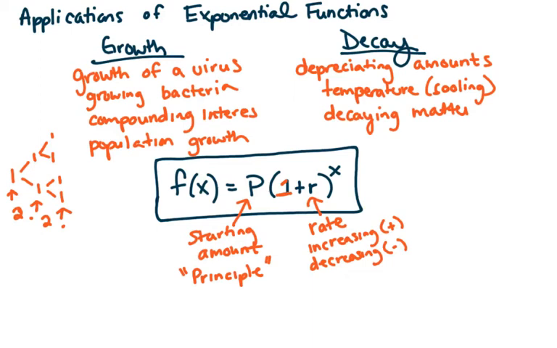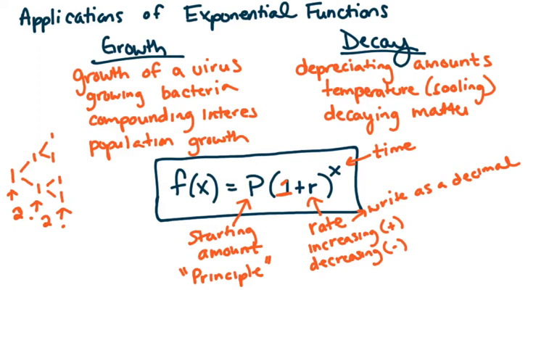Okay, and the rate, you always want to write it as a decimal, not as a percent. So a lot of times they'll give it to you as a percent, so you want to make sure that you're changing it to a decimal. And then x is usually our time.